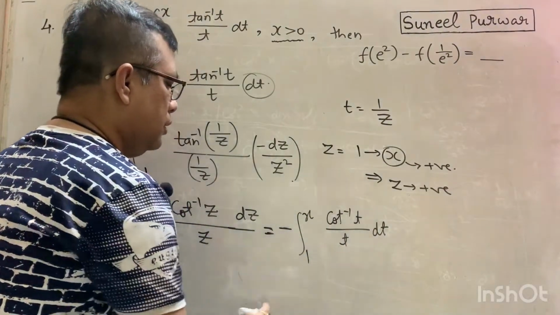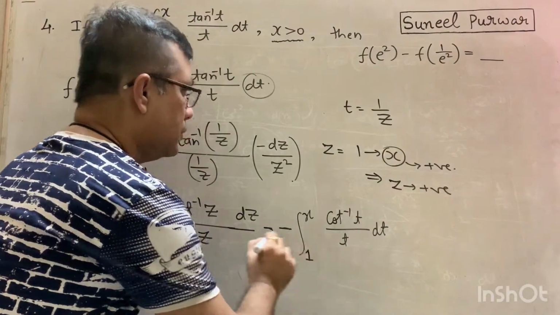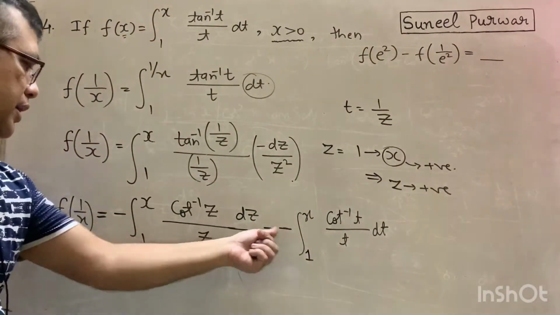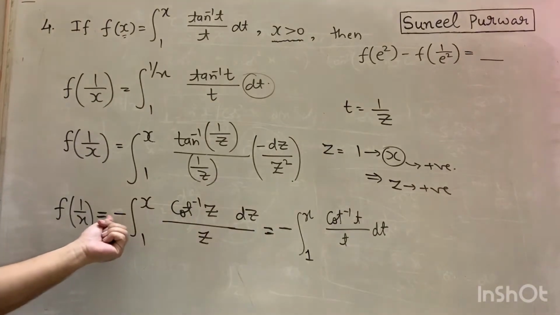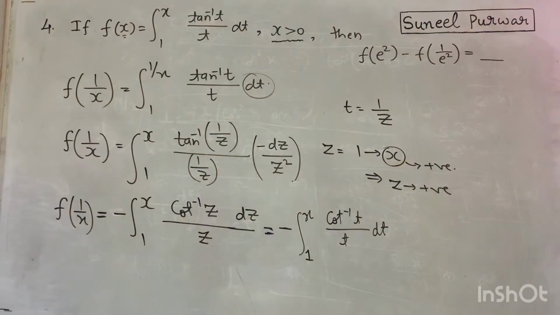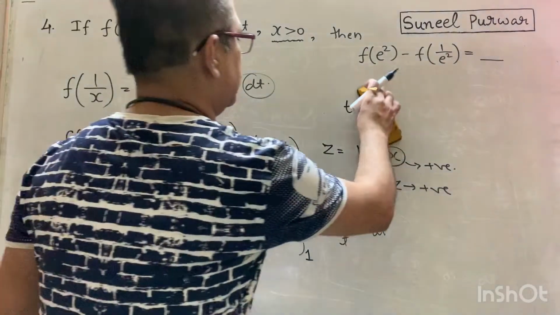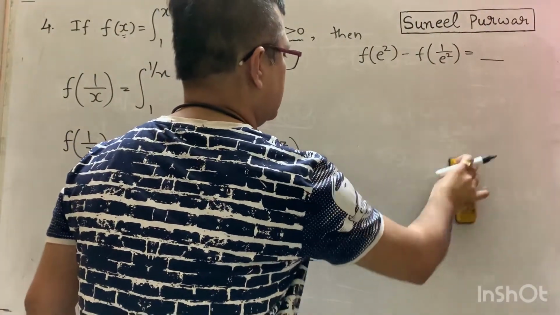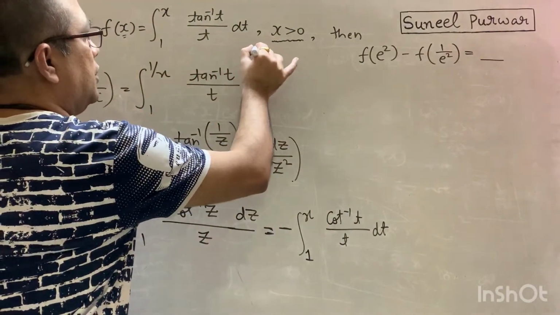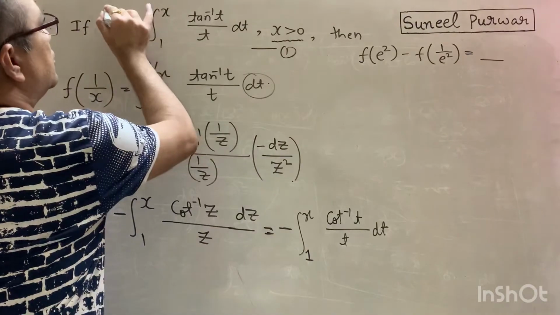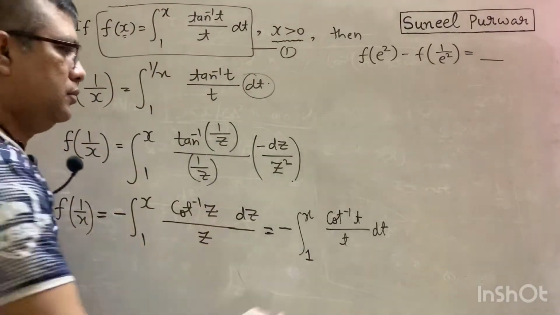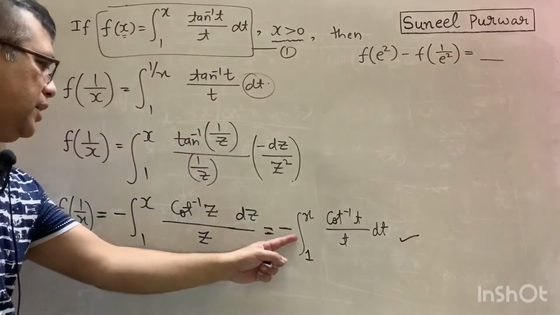Alright. Now, so this minus sign I can transfer over here. So this will become what? Minus of f of 1 by x. Okay. So in the next step, let me do the numbering. Say this relation is 1, and from here, okay, this minus I am transferring here.